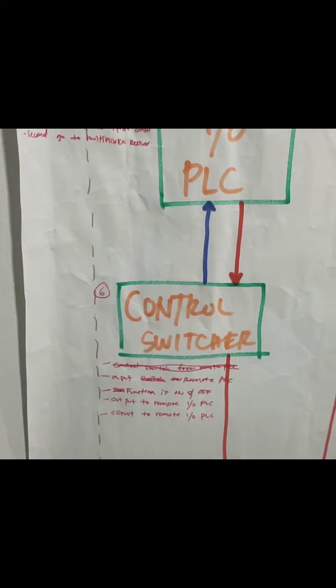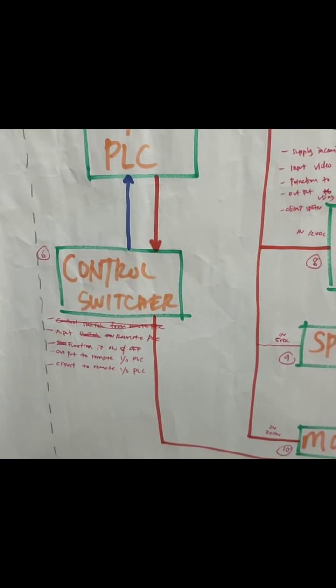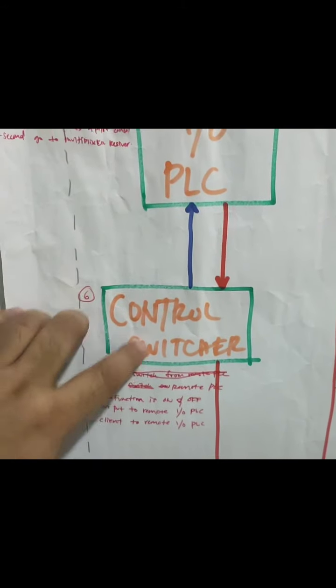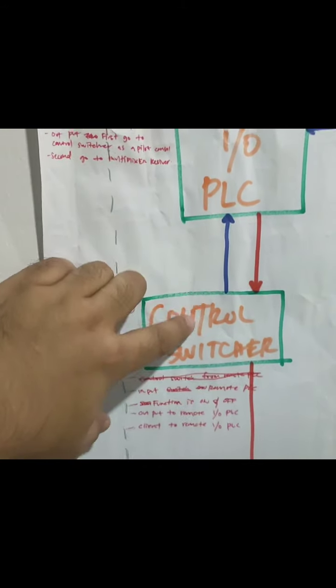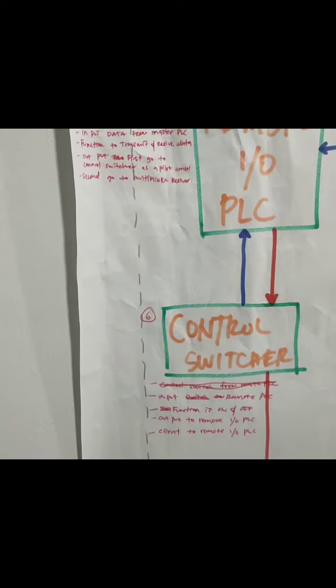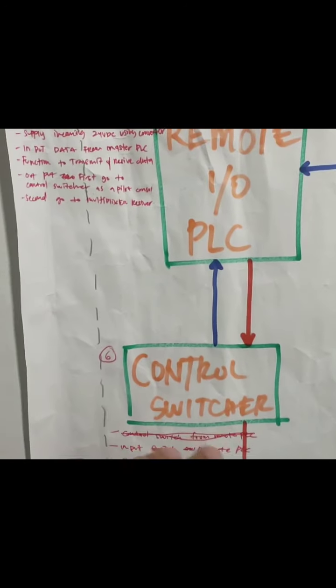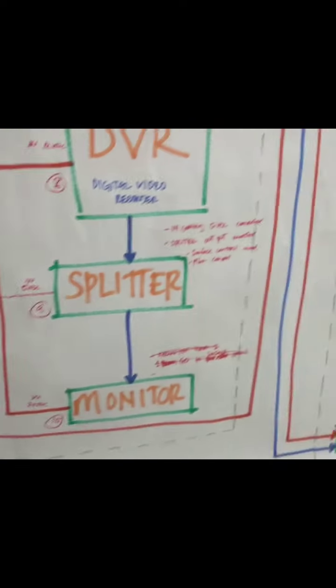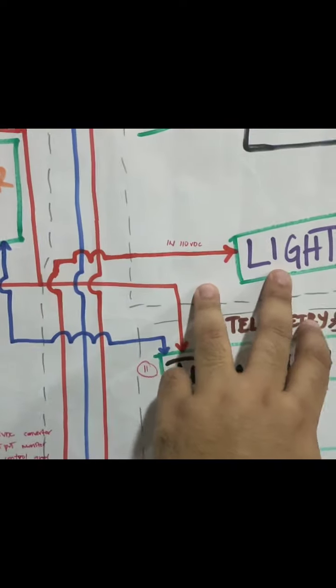For the control switcher, the input is from the remote I/O PLC, and the output also goes to the remote I/O PLC. The function is to switch the lighting on and off, as you can see in this diagram, the light here.